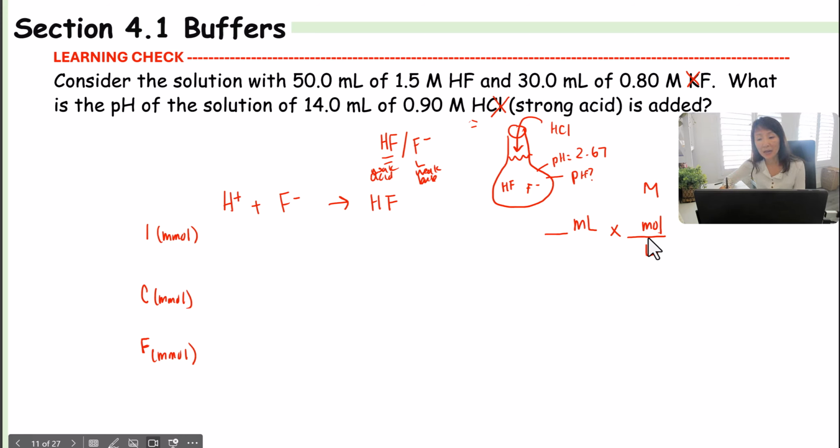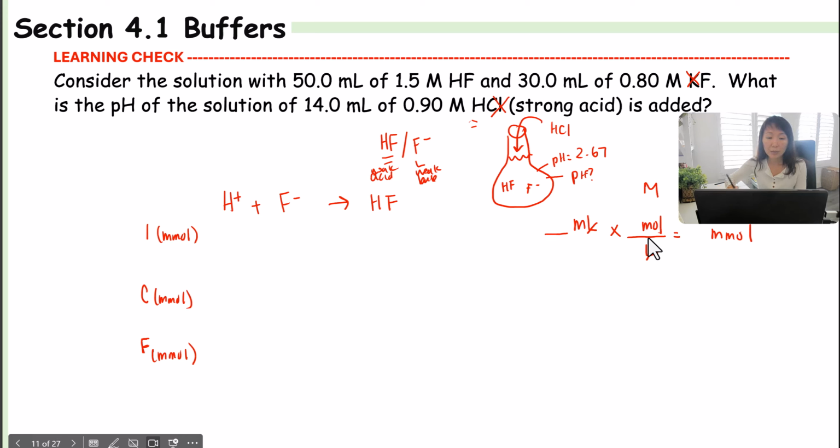But because this is a little different, we're going to take out just the L, the liter. So therefore, you would just get millimoles. It sounds complicated, but I promise you the concentration calculation will be easier if you utilize millimoles.